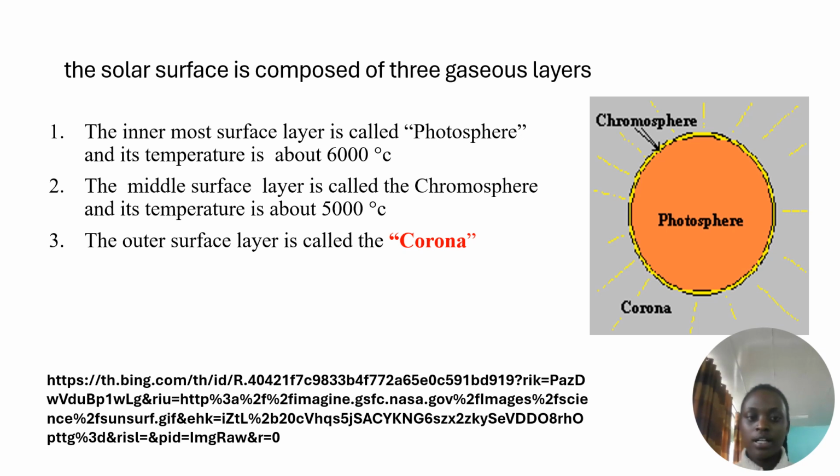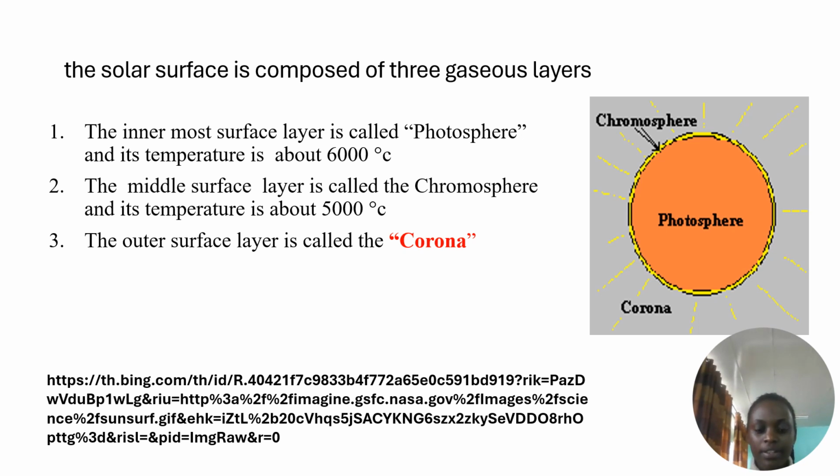So let us move on. The solar surface is composed of 3 gaseous layers. The innermost surface layer is called the photosphere, and its temperature is about 6,000 Celsius.